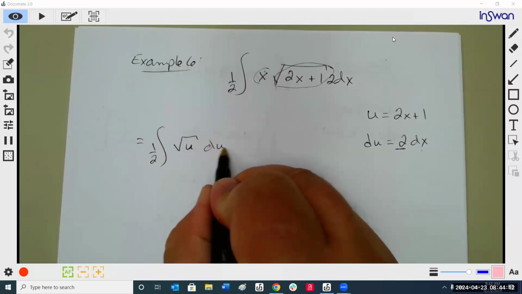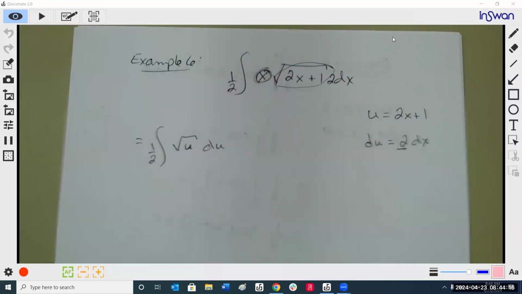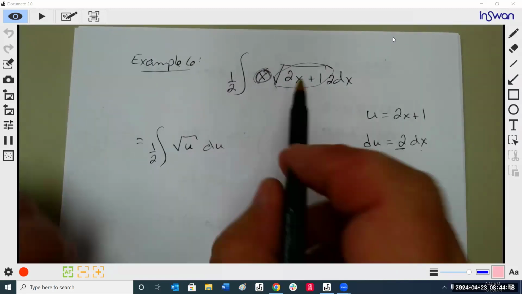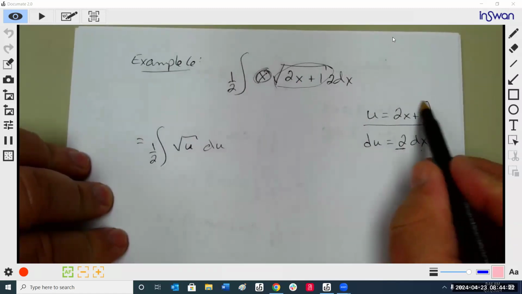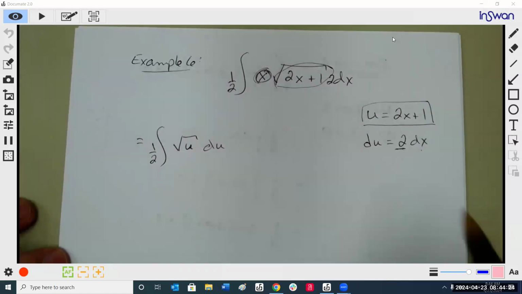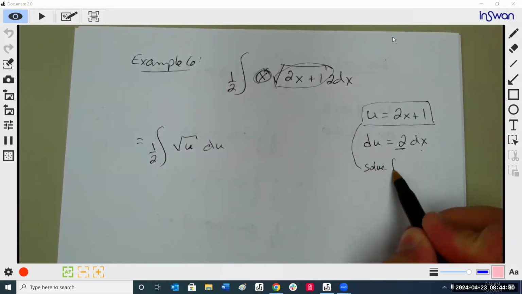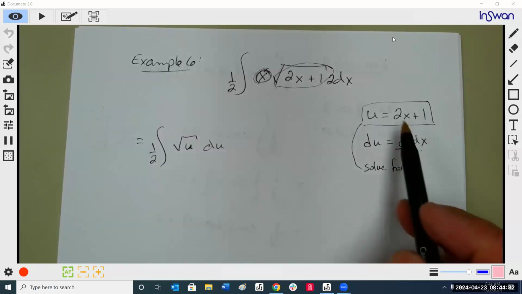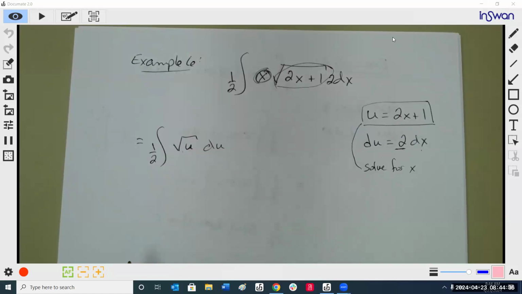So now we have du. But what about this x? The only place we have an x in our substitution is this one. Solve for x, because if you solve for x, it's going to be a function of u, which is what we want in the first place.